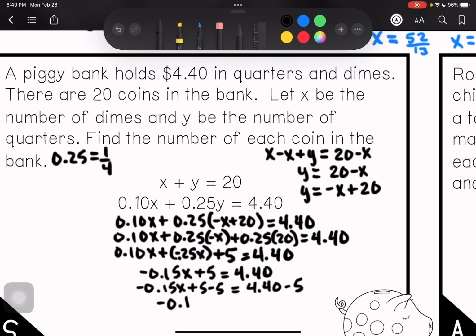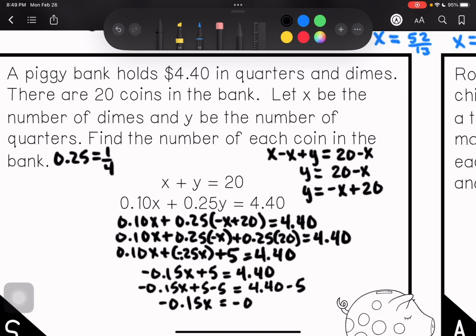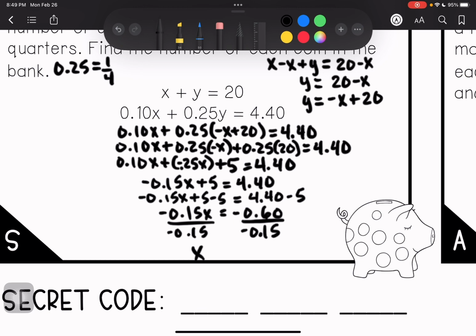So that gives me -15/100 X equals -60/100. Divide both sides by -15/100, and therefore, X equals 4.